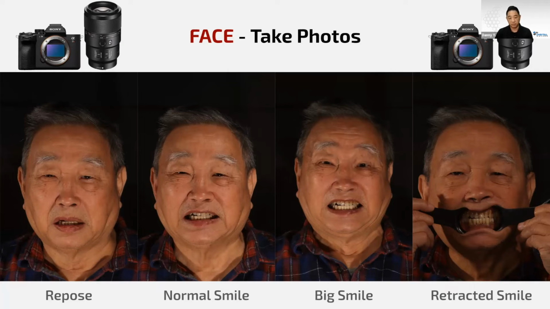But again, these four photos that we always recommend are repose, normal smile, big smile, and retracted smile. If you capture these four photos, most lab technicians will be able to do a reasonably good design with these four photos. But certainly, having a few more photos, a little bit more close up and things like that, never hurts as well.